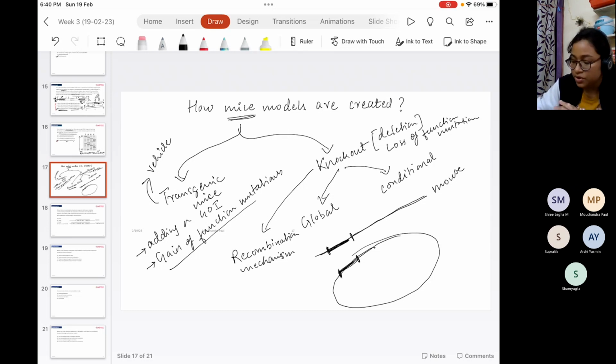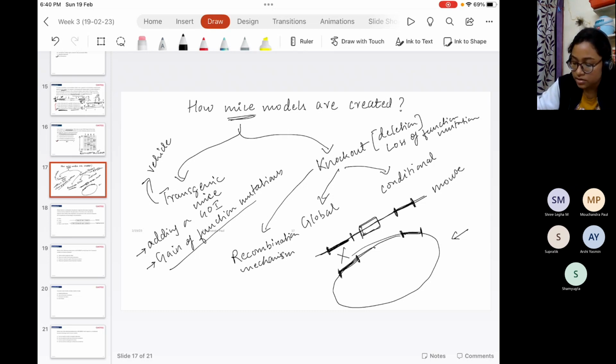You're designing this, and you're adding another segment within the plasmid which is complementary to, say, this segment. So what happens in recombination, the similar sequences or the allelic sequences, they align, right? And you want to delete, say, this particular gene segment.